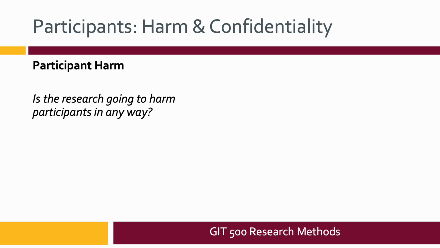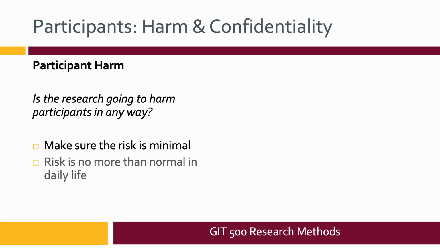You've got to figure that out ahead of time. Ways to do that is to make sure any risk is minimal. So if they give up personal information, that they can't be identified and that kind of thing, and that the risk that they're taking is no more than normal in daily life.